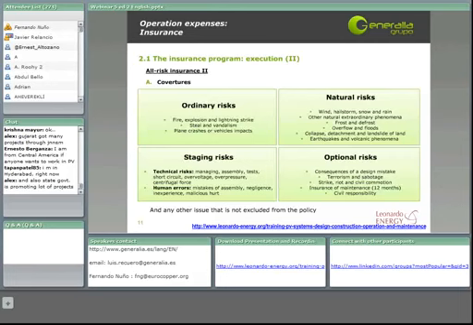Staging risks, that means those risks which are just from the plant execution, would be of two types.